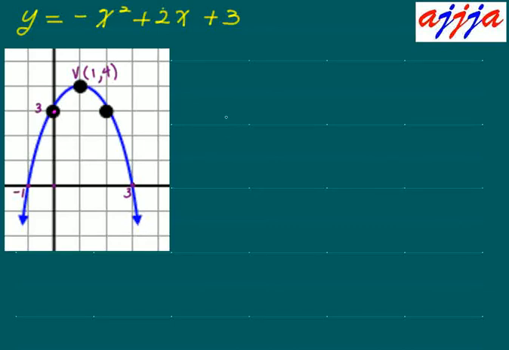Quickly, one more. This time I'm going to use the x-intercepts way. Just like this. So y equals, we don't know what a is, so just leave a like that. Then two x-intercepts right there, which means x and x just like this.